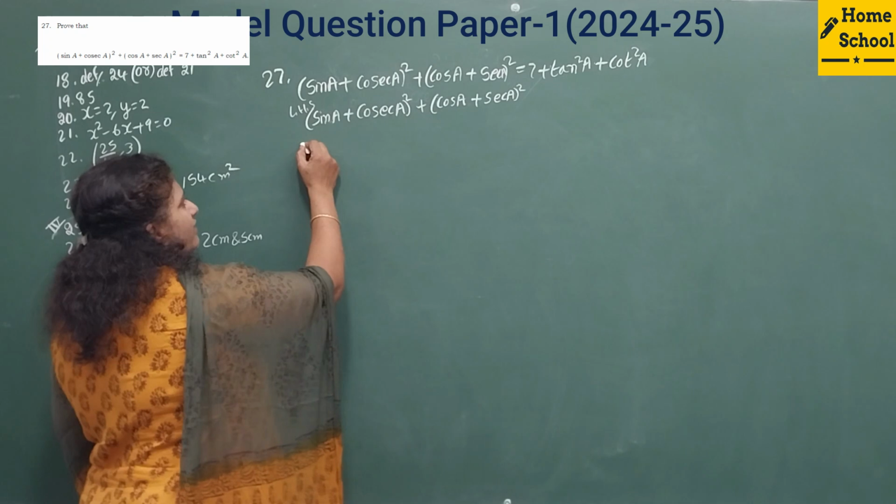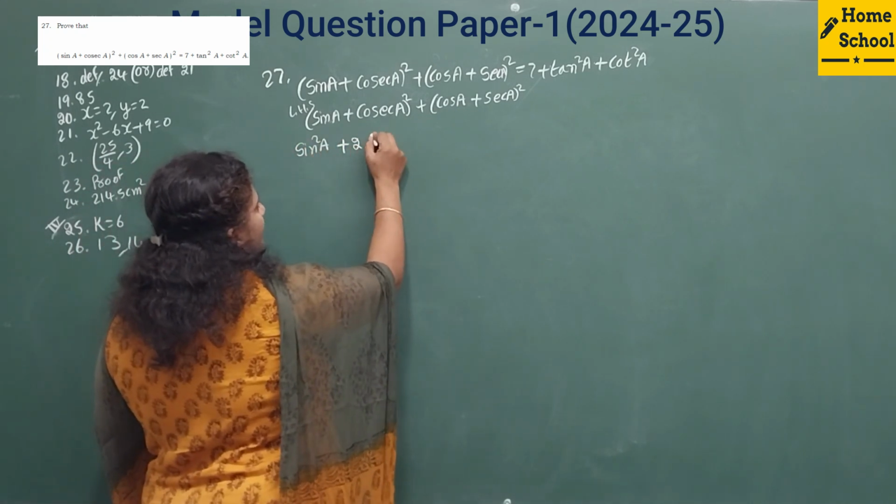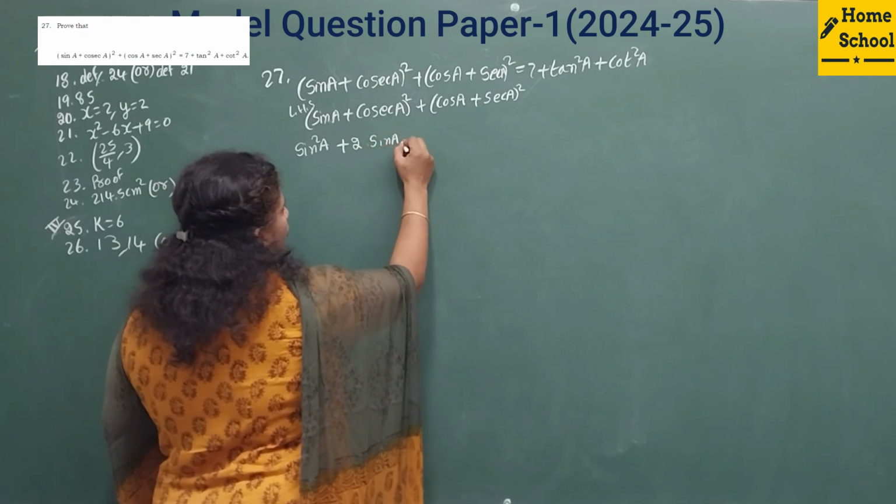Apply that formula: A square plus 2 into A into B plus B square.